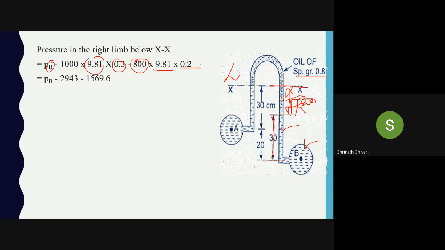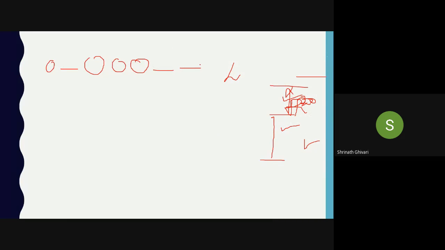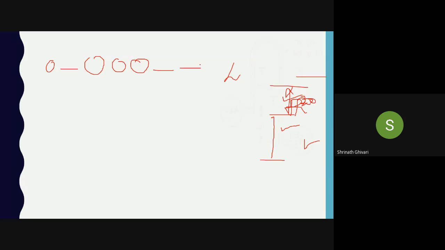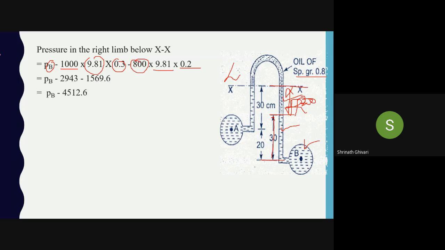Now when I do it, I'll be getting this answer, PB minus 2943 minus 156.96. So now you equate both the pressures, PA and PB. PA minus 2943 equal to PB minus 4512.6. Calculate this answer and let me know.